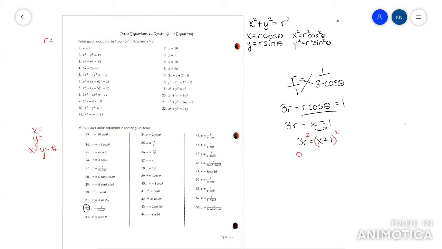Don't forget, the 3 gets squared as well. So it's really 9r squared over here. And I'm going to FOIL this right side out. So it's x squared plus 2x plus 1. And I did that because I had to get r squared so that I could change it. So now 9r squared is x squared plus y squared. So now I'm here. I would distribute.